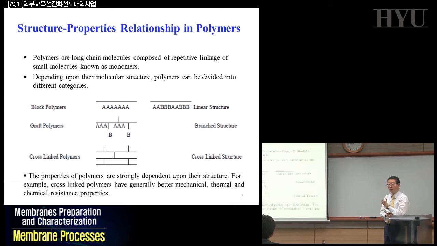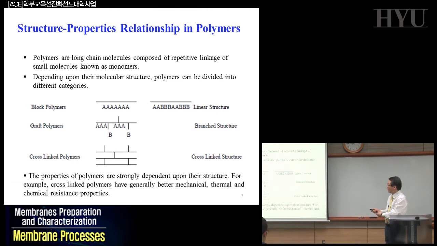If you have a polymer made of just one monomeric unit, then it is called a homopolymer. But if you have two monomers put together to become a polymer, we call that a copolymer. So copolymer means you have at least two monomers. A terpolymer is a polymer made of three different monomeric compositions.